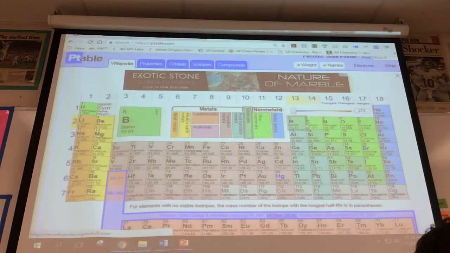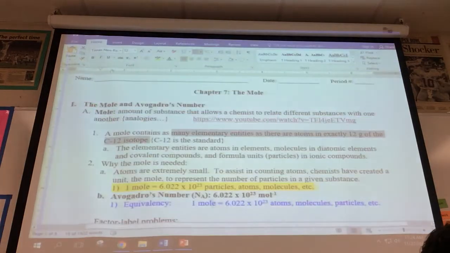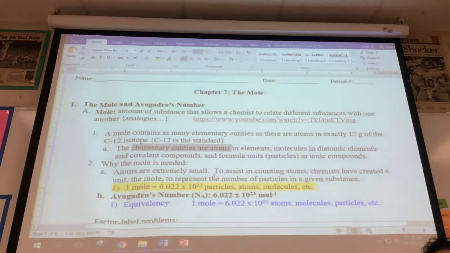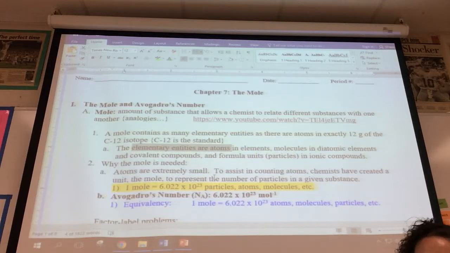And carbon-12 is the standard by which everything is based. When you talk about elementary entities, this is a little bit tricky. We're going to walk through this very carefully. And I'll show you the elementary entities in elements, diatomic elements, covalent compounds, and ionic compounds in just a minute.